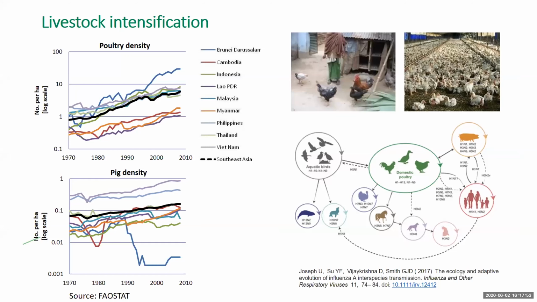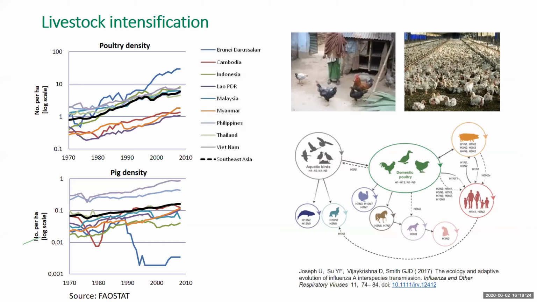And then, of course, livestock intensification. On the left are some plots showing how this is rapidly increasing over recent years in countries in Southeast Asia. These are on a log scale, so almost exponential growth in some countries. This, of course, has huge ramifications, particularly for things like influenza, for which poultry and aquatic birds are the main reservoir hosts, and also pigs play a role in the reassortment and mixing of different influenza viruses.